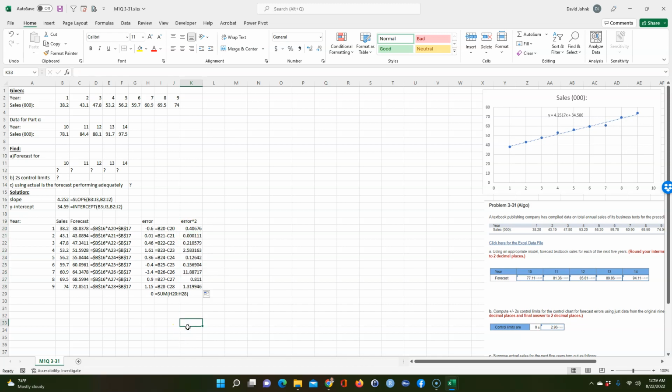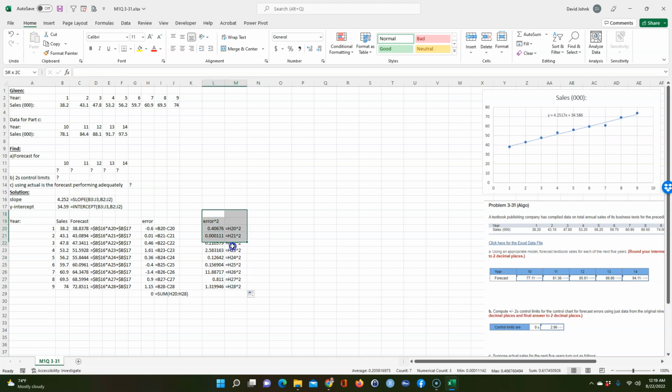Okay, the squared error. If you add them all together, let me put the formula, and give a little bit more room.